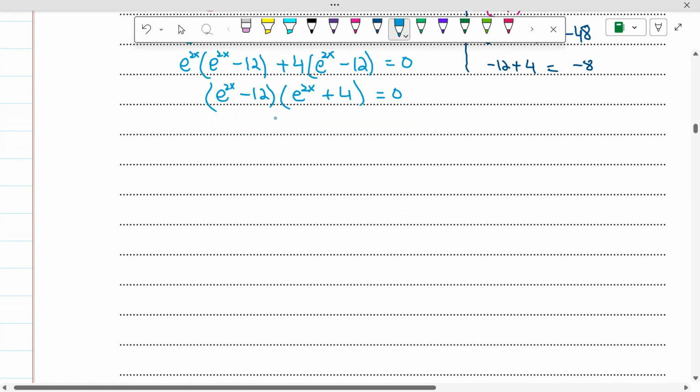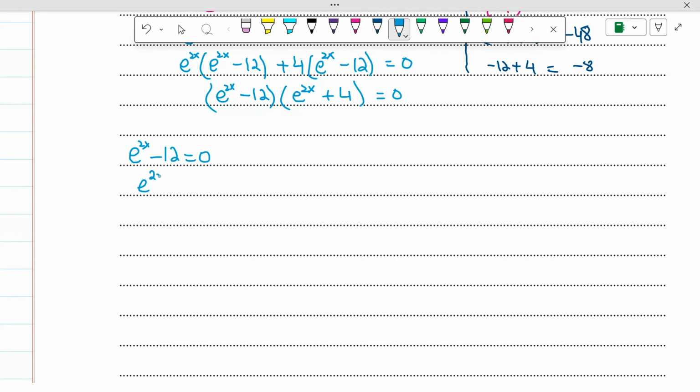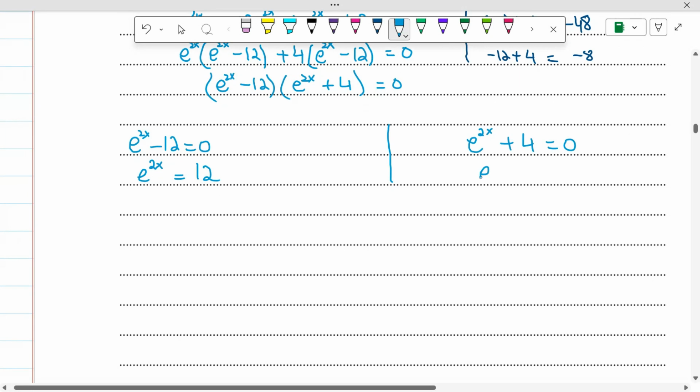We have the two factors, equating each with 0. We will have e^(2x) minus 12 equal to 0, so e^(2x) is equal to 12. On the other side, we will have e^(2x) plus 4 equal to 0, and in this case e^(2x) is equal to negative 4.